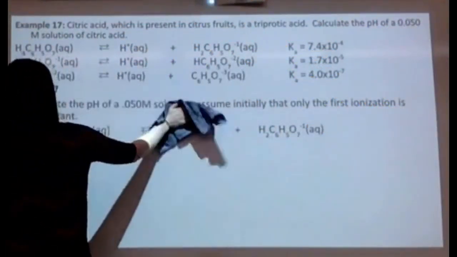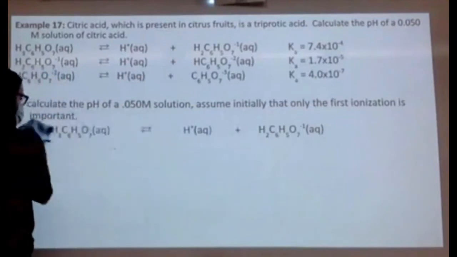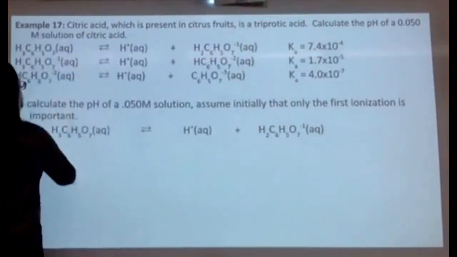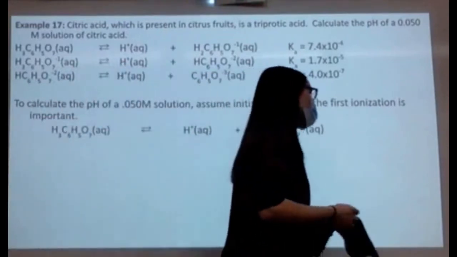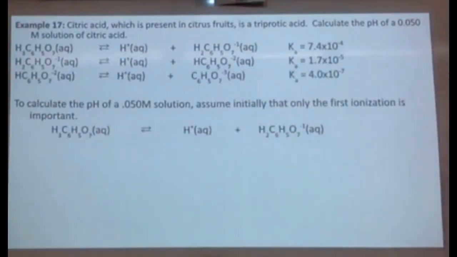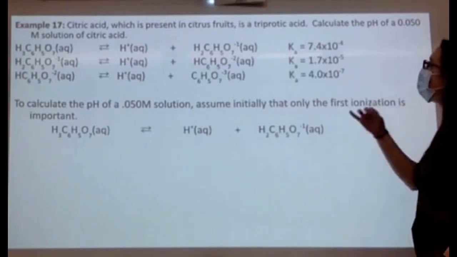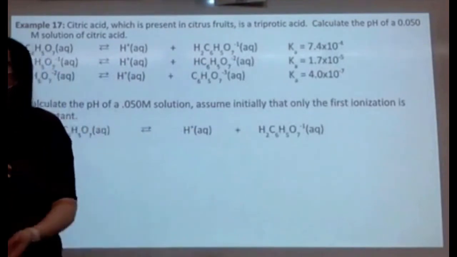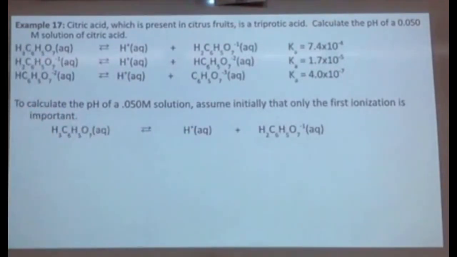So for example 17, you flip in your notes to example 17, it looks like this. It says citric acid, which is present in citrus fruits, is what's called a triprotic acid. Tri means 3, protic for proton. Triprotic has 3 protons, 3 H's.